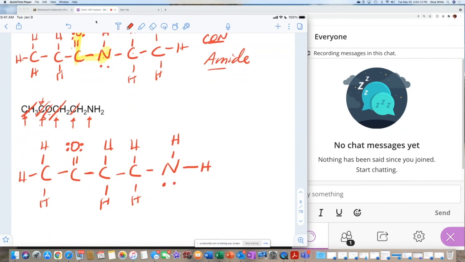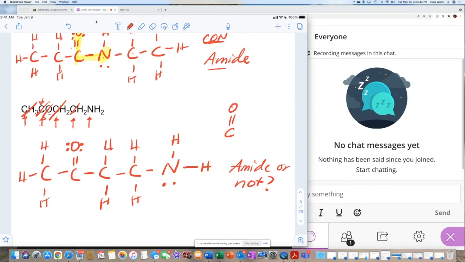Here's a question. Do we have an amide or not? With the amide, the carbonyl carbon has to be attached to nitrogen, but they're too far. You see right here, the carbonyl carbon is attached to an oxygen, and then the nitrogen is all the way to the right.